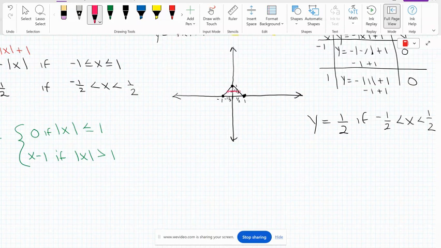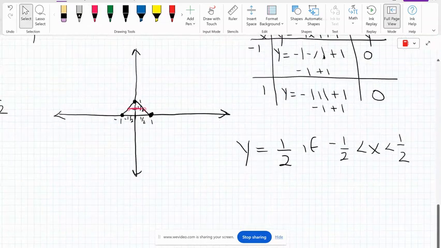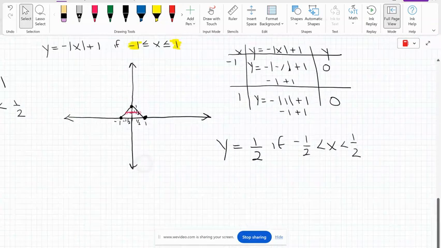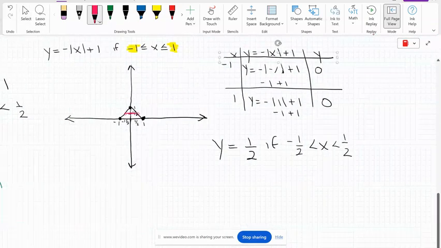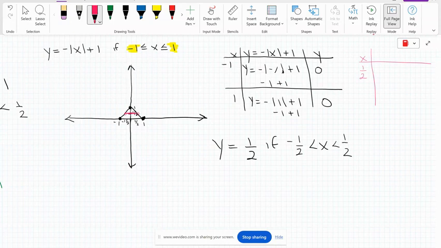But I believe, does that fall on the line? I don't know. We test to see if it fell on the line. Let's see what happens when x, for this top one, when x is a half. Let's see what y is. Y is negative a half plus 1, which is 0.5.